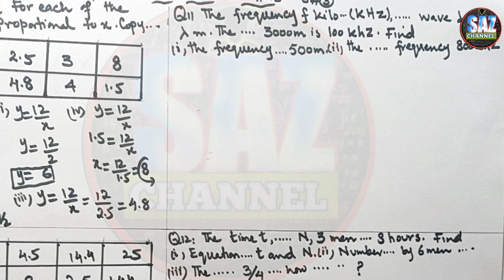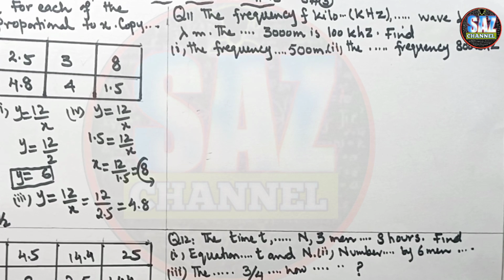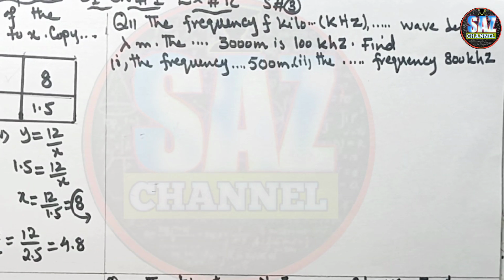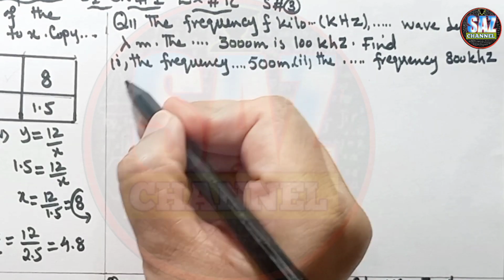Let's first write down the equation that connects frequency with wavelength. As the question says, the frequency is inversely proportional to wavelength.